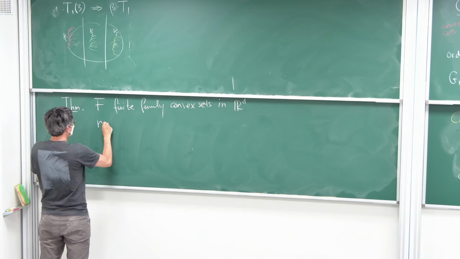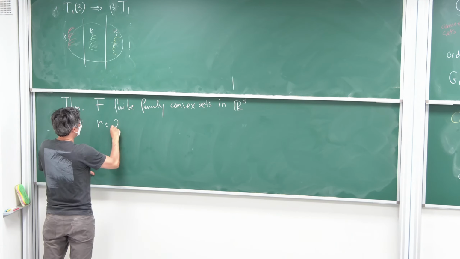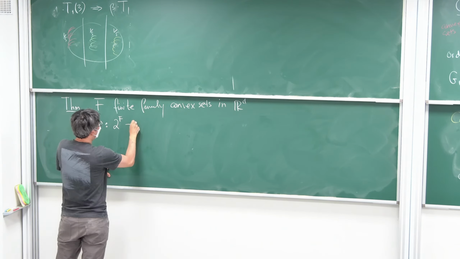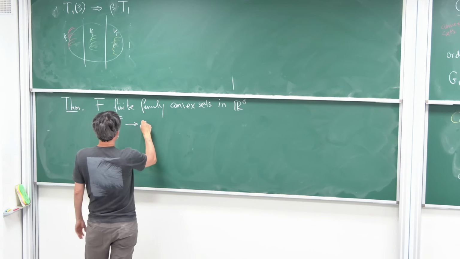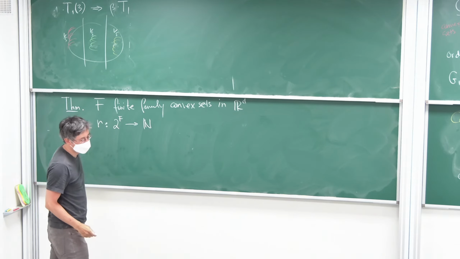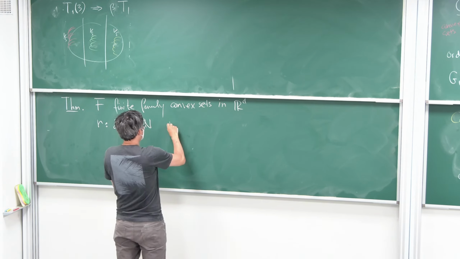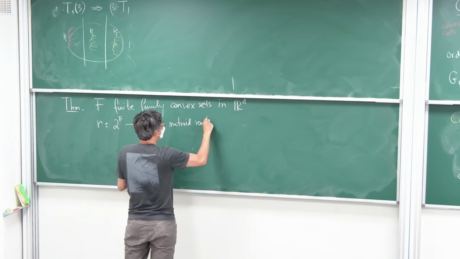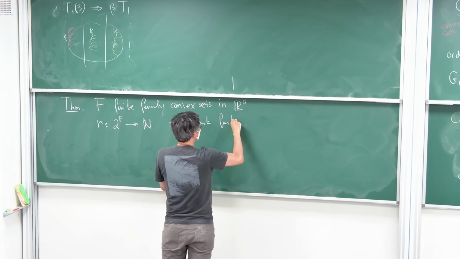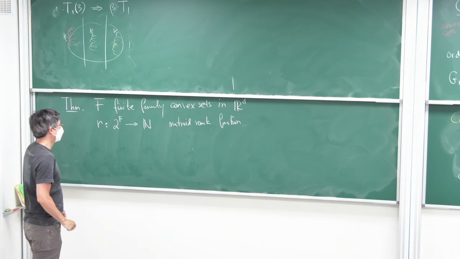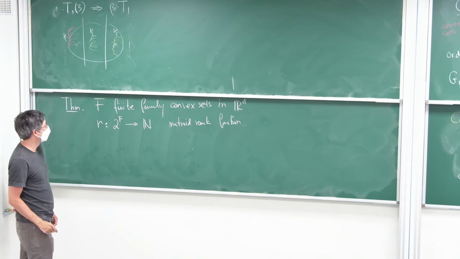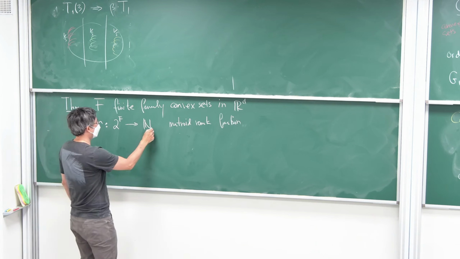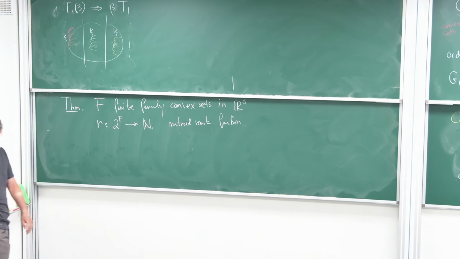R is a function on the subsets to the natural numbers, and this is a matroid rank function. So your natural number includes 0? Maybe it does. Yeah, the empty set goes to 0, you're right.